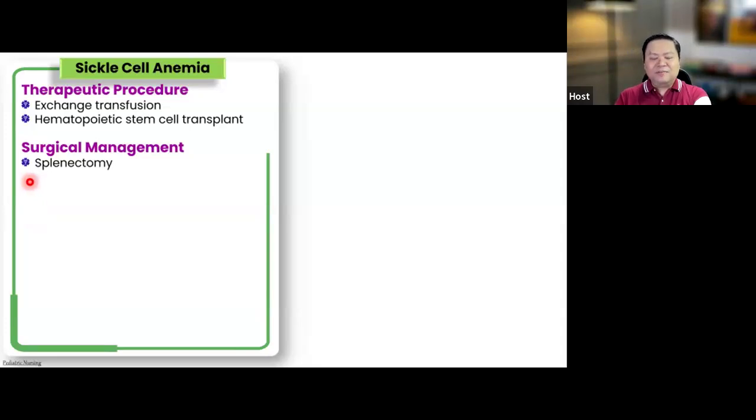Now, aside from all the invasive procedures and therapies that we are going to offer to our patient, it is very important that we educate the patient, including the provision of emotional support, because sickle cell disease is already going to have a significant impact on their emotional well-being, because this is a chronic problem, okay?